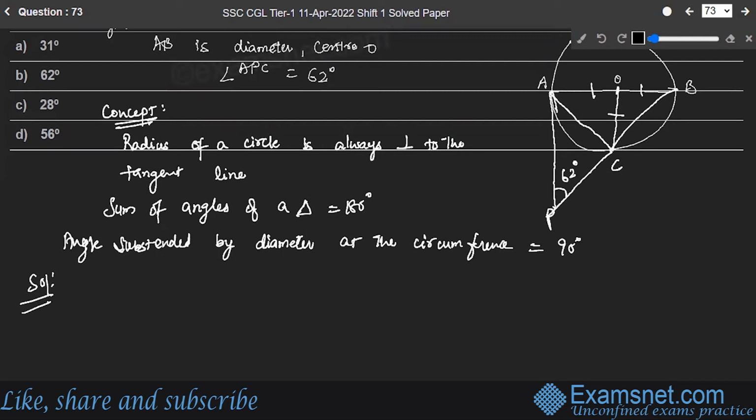Let's start. So here you are given that AB is the diameter, which is perpendicular to the tangent AP.